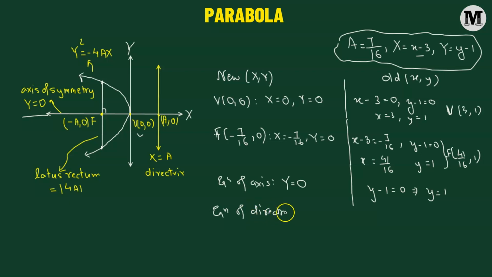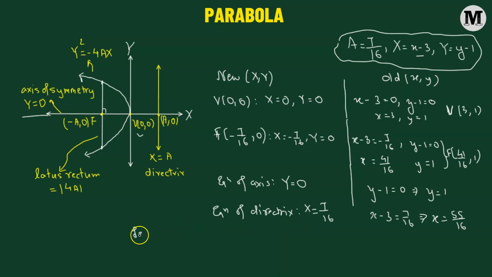The equation of the directrix in the new coordinate system is defined as X equals a. Here a is 7 over 16, which means that in the old coordinate system we have x minus 3 equals 7 over 16. So x will be equal to 3 added to 7 over 16, which corresponds to 55 over 16. So that's going to be the equation of the directrix.